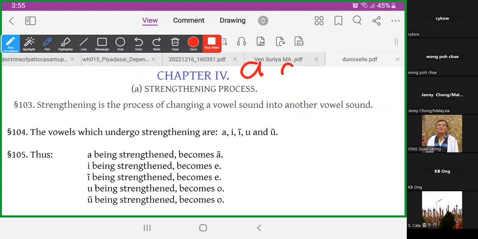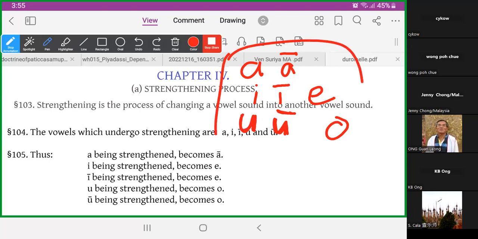A strengthened becomes long A. I strengthened becomes E. E strengthened becomes A. U strengthened becomes long U. U strengthened becomes O. Yeah, okay. So that's the rule. If you can remember, this is very easy.